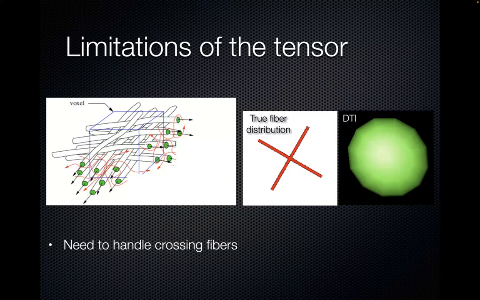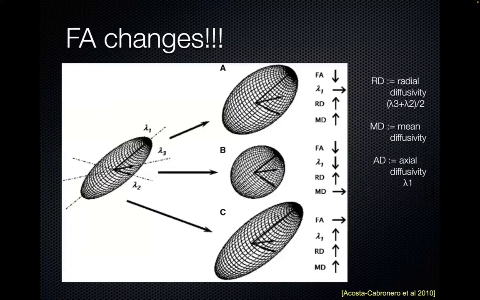Because if you're not modeling these crossing fibers, basically you're just tracking the center line of tracks and you're pushed away from structures. I already said a little bit about this, but be careful about FA changes. We're going to get back to this later in the talk.